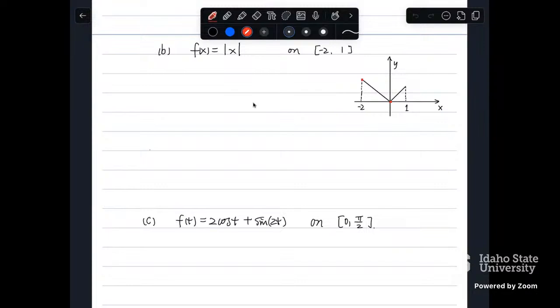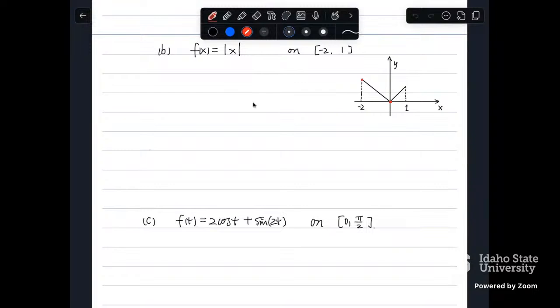Remember, this is a closed interval, which means we can always find a maximum value and minimum value. From the graph of the absolute value of x, you have this line segment between -2 and 1. Then you can easily identify the maximum and minimum values.